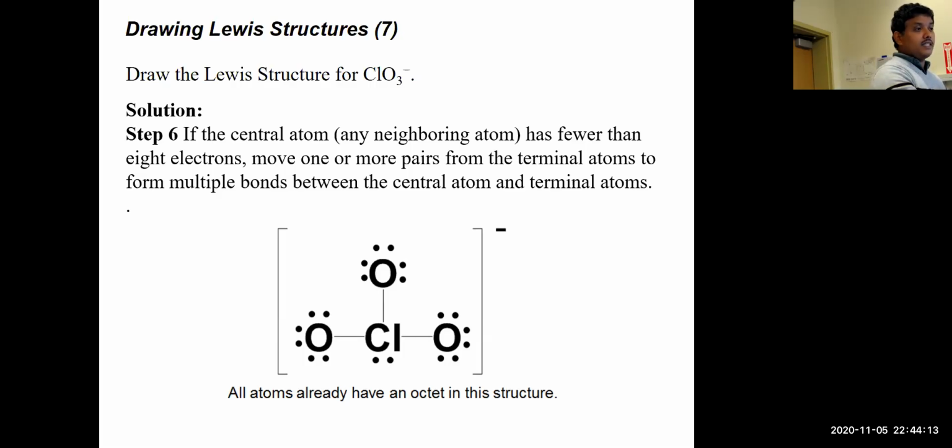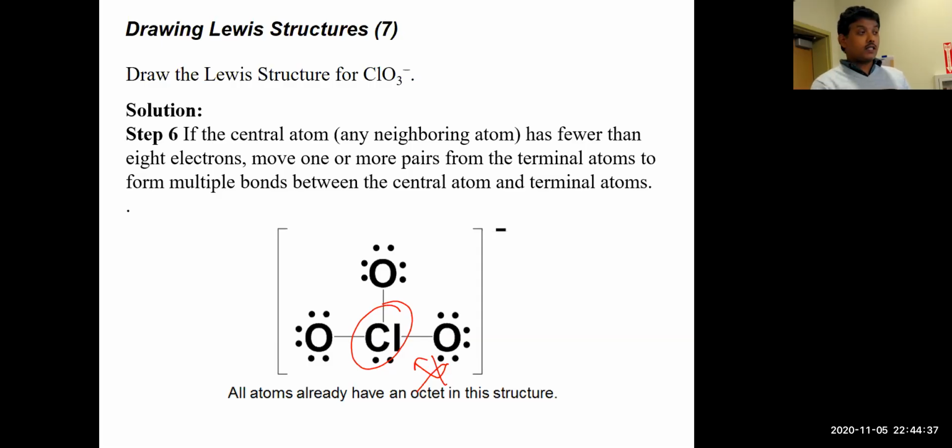It is not needed because this one already has 8 electrons. If it doesn't have 8 electrons, the rule says to move one of the lone pairs in the form of a double bond, but you don't have to do that. You don't know until you check it. That's why we are checking it.